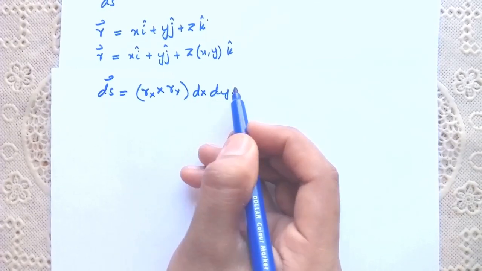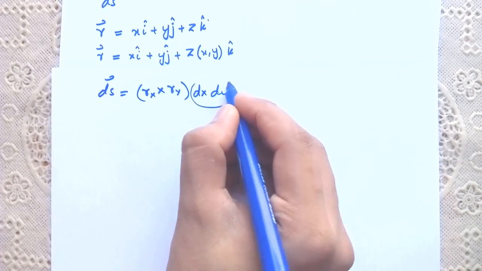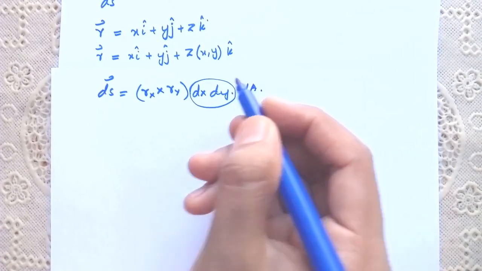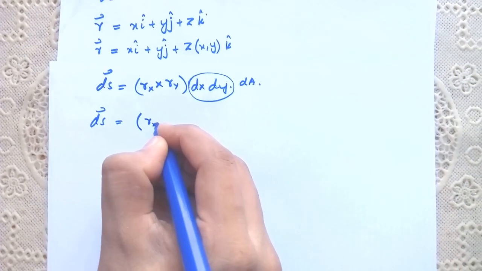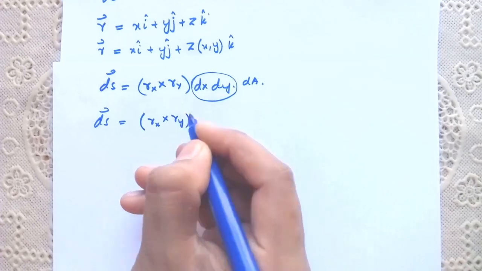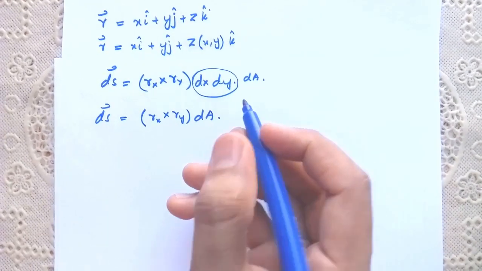And dx dy is equal to dA. So vector ds is equal to cross product of rx and ry times dA, right?